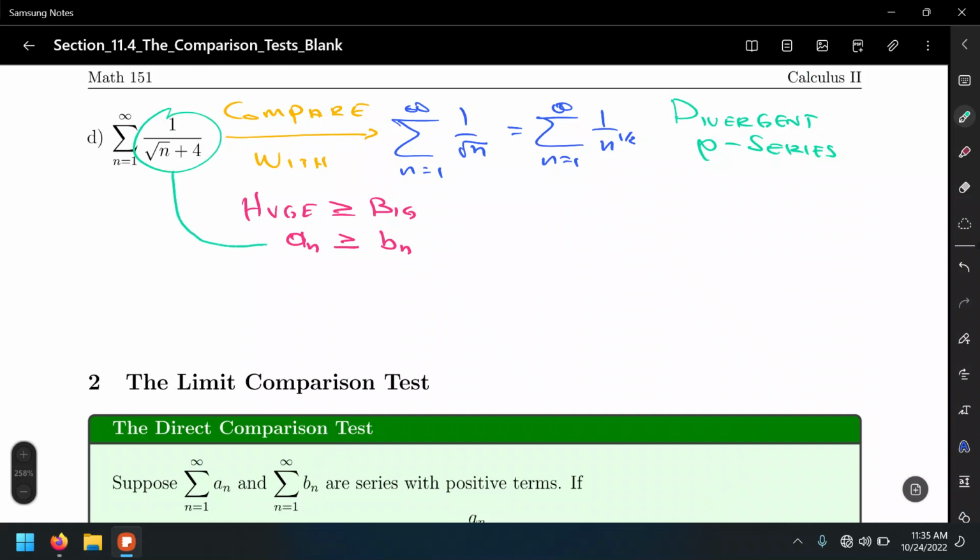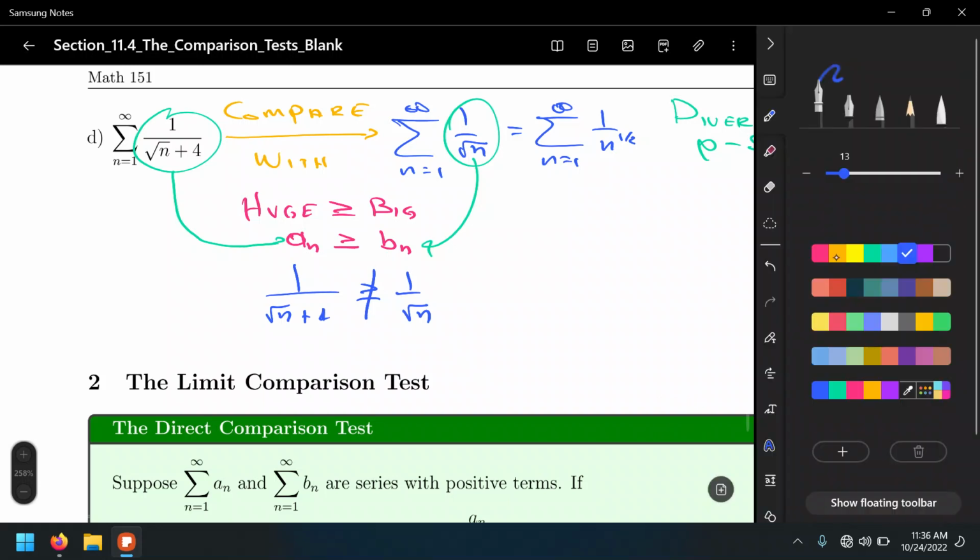Is this quantity bigger than that quantity? Let's find out. So is 1 over the square root of n plus 4 greater than or equal 1 over the square root of n? Is this inequality true? No, so this is not equal.